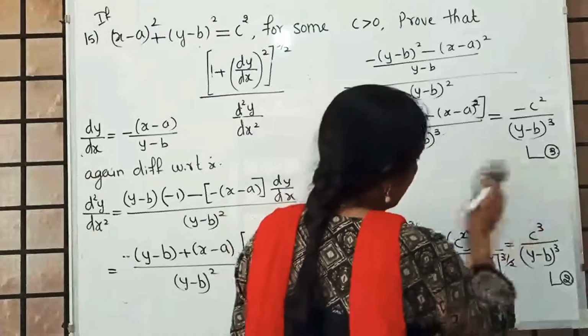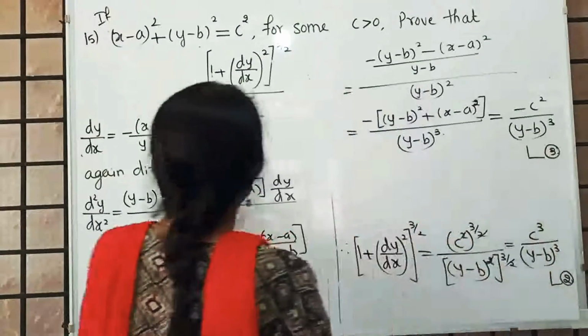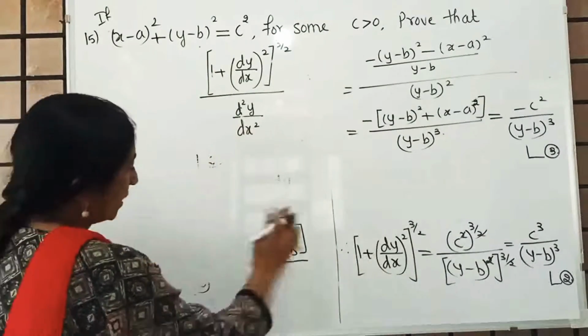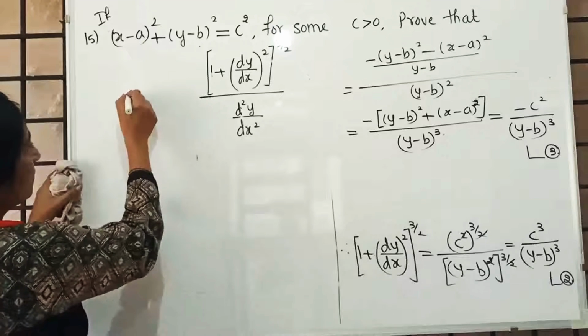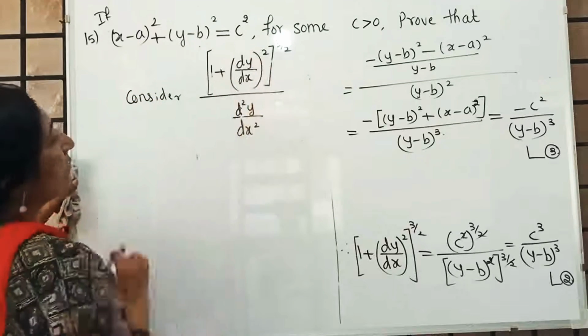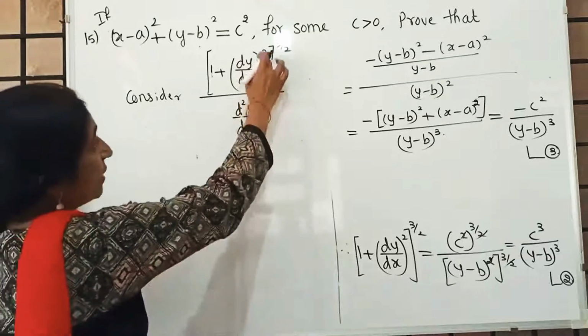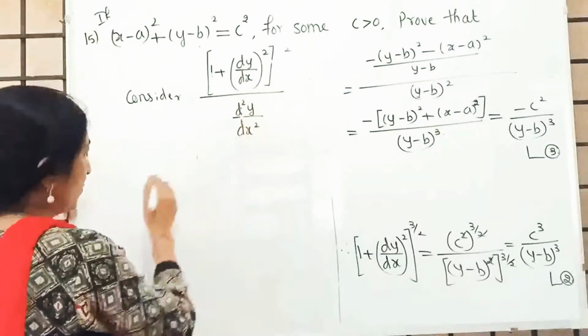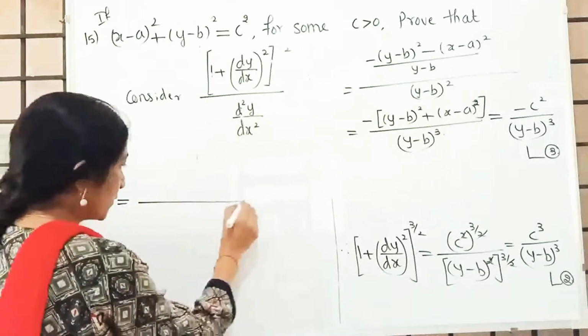See, already we are familiar with equation 2 and equation 3. Now consider the given expression: (1 plus (dy upon dx) whole square) raised to 3 by 2, whole divided by d square y upon dx square. Substitute that value.